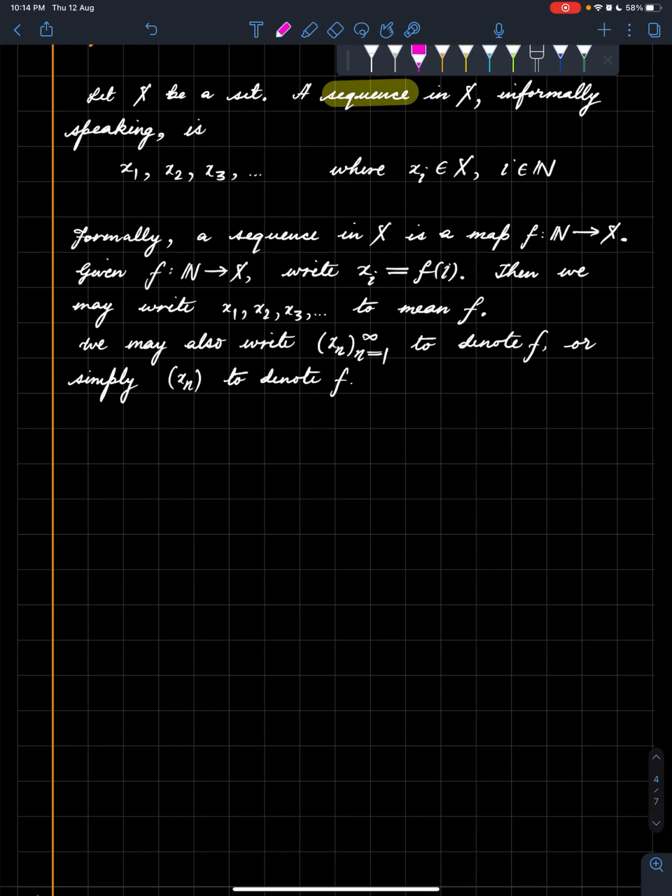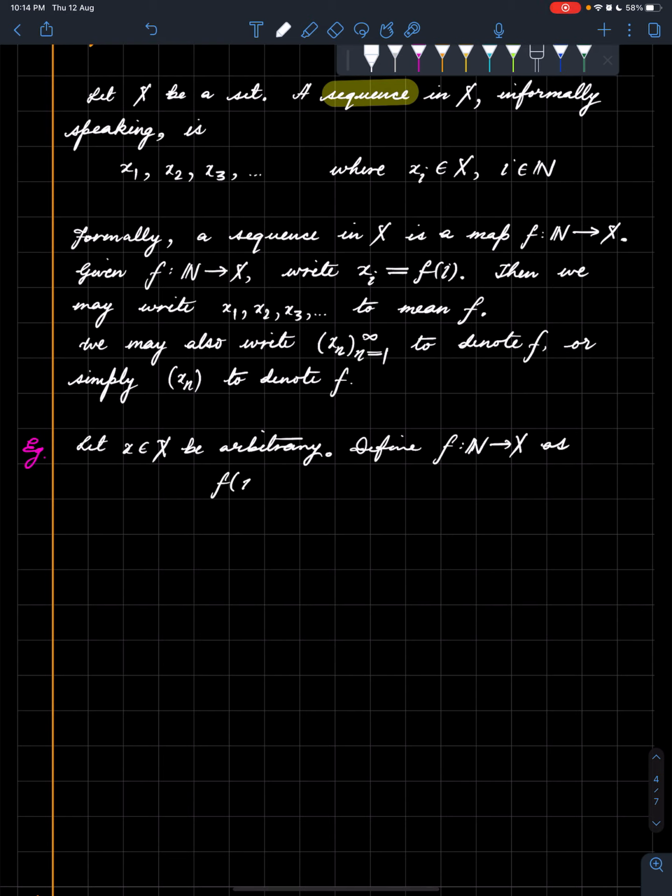So do not confuse a sequence with a subset. Okay, and let us just see a very simple example. Let little x be fixed arbitrarily. Define f of n equals x for all n.